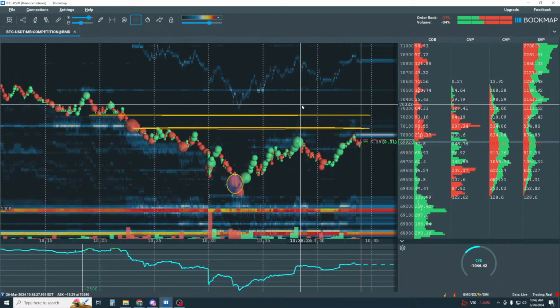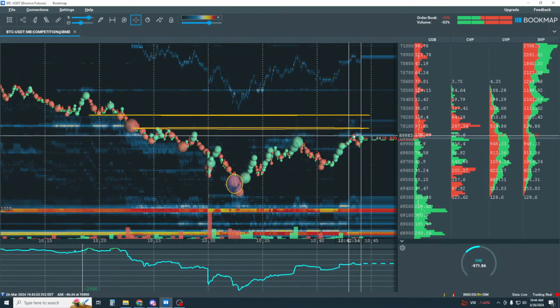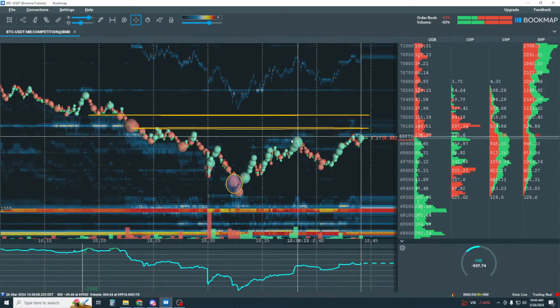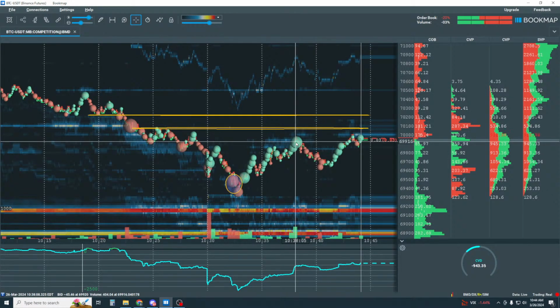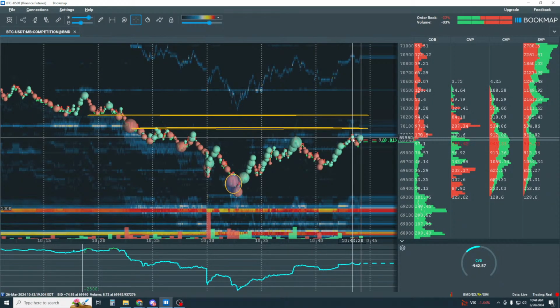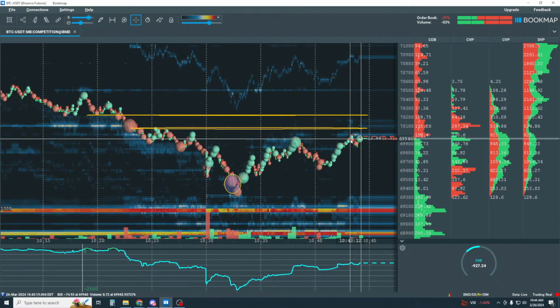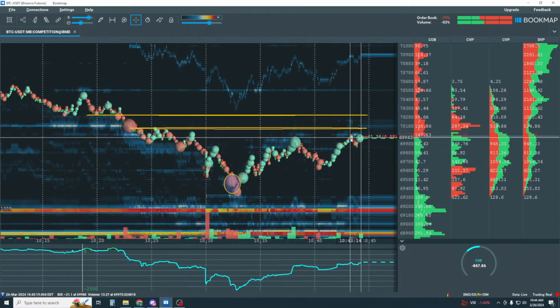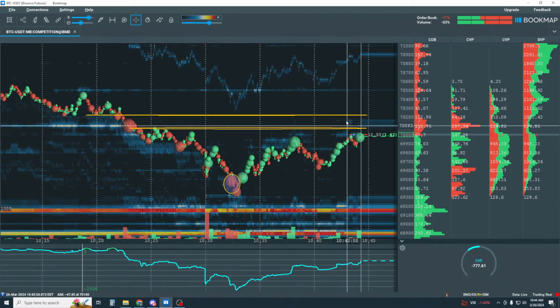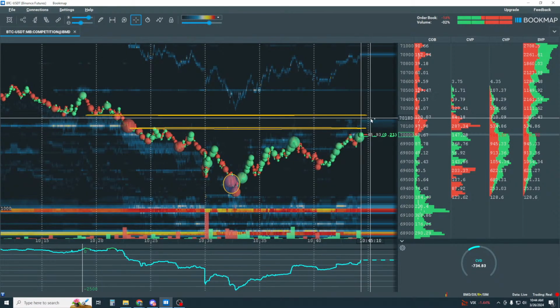All right, so if we are looking for that move higher, then we're looking for, this is a nice cluster of volume here. We're looking for more up here. Starting to get some, starting to mount here.